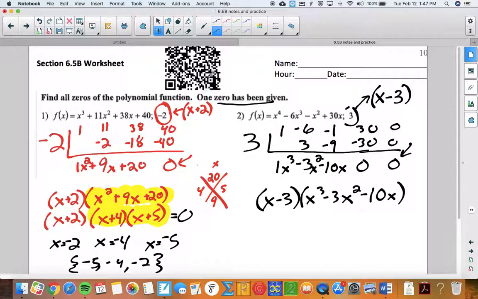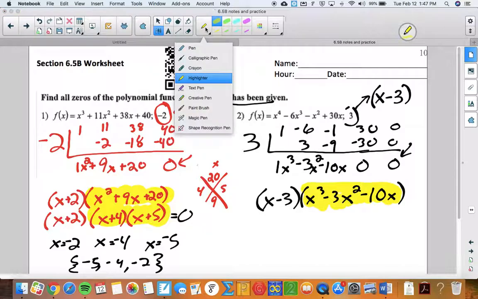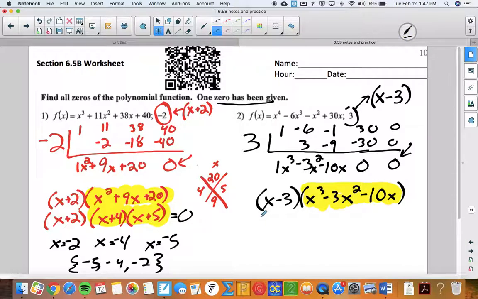So then, folks, we always take the remaining polynomial, like in the last problem, and try to factor that further. Well, from that yellow factor, I can factor even further. First of all, I can factor an x out of there. And then when I factor an x out of there, I'm left with x squared minus 3x minus 10.